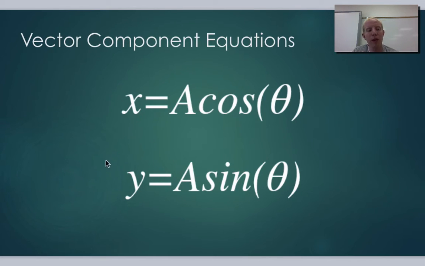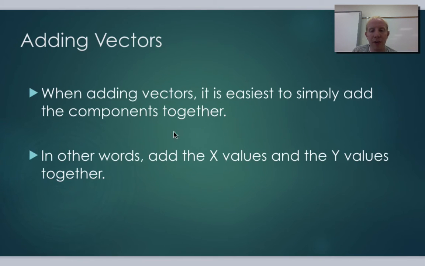Let me show you one more thing you may need to know how to do, and that's how to add vectors analytically. If you're adding vectors, it's really easy if you just add the components together. You can add the x values and the y values together to get the resulting vector.